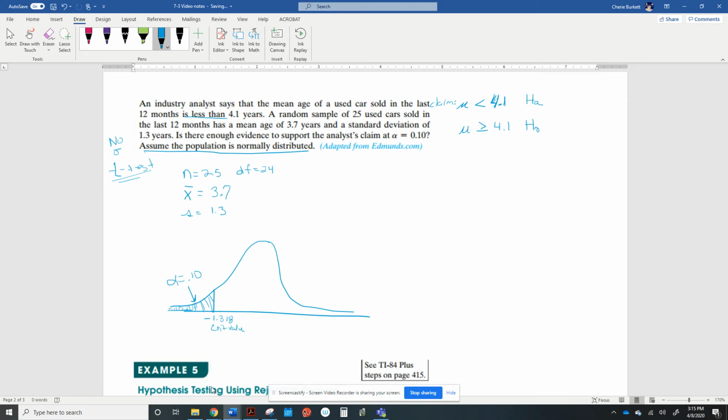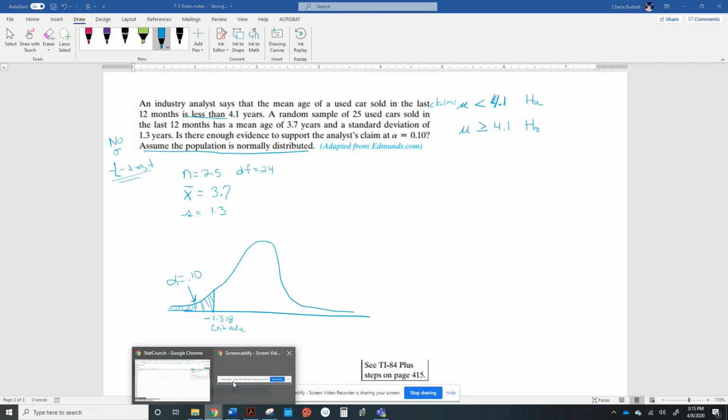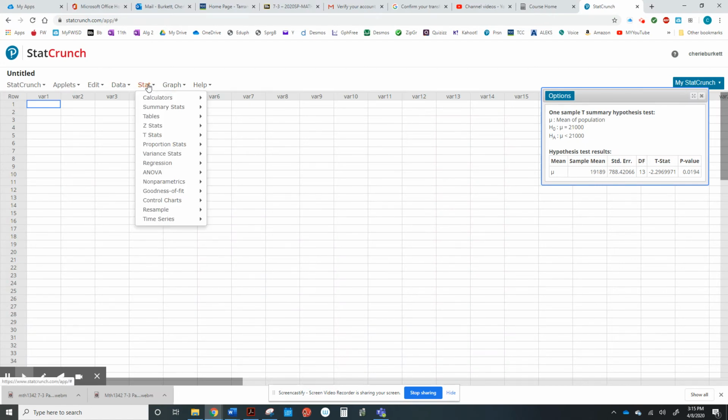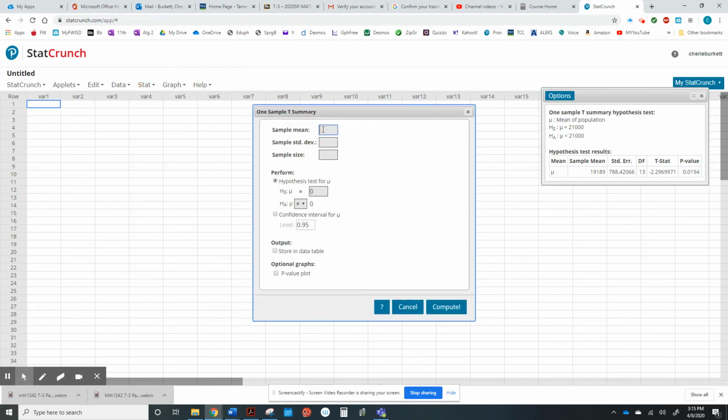Now we're going to use StatCrunch to find the actual t, the test statistic, so we can see where it is, and it'll also give us our p-value. So go to StatCrunch again, go right back to the same place, do another T stat, one sample with summary. Our summary for this problem is that the sample mean was 3.7.